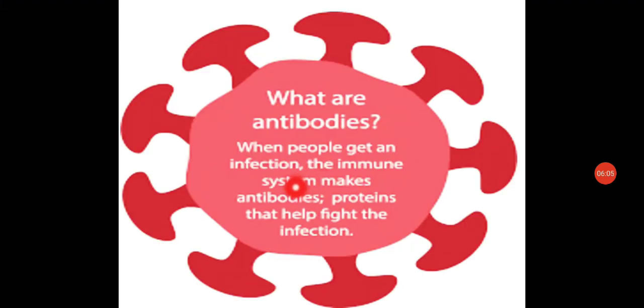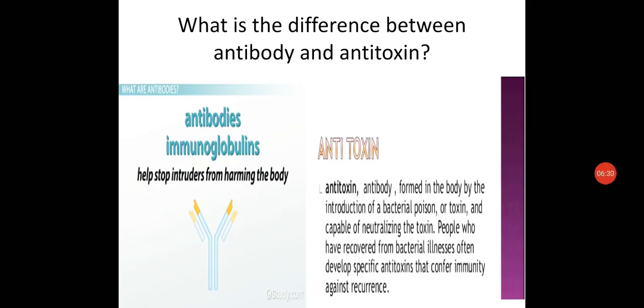What are antibodies? When people get an infection, the immune system makes antibodies, proteins that help fight the infection. If anybody is suffering from COVID-19, it means that antibodies are absent in his or her immune system. What is the difference between antibody and antitoxin? Antibodies help stop intruders from harming the body.